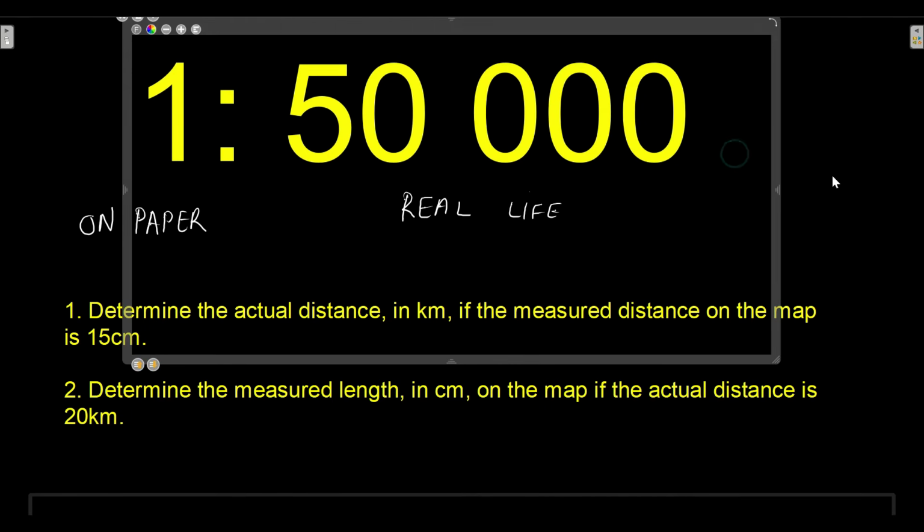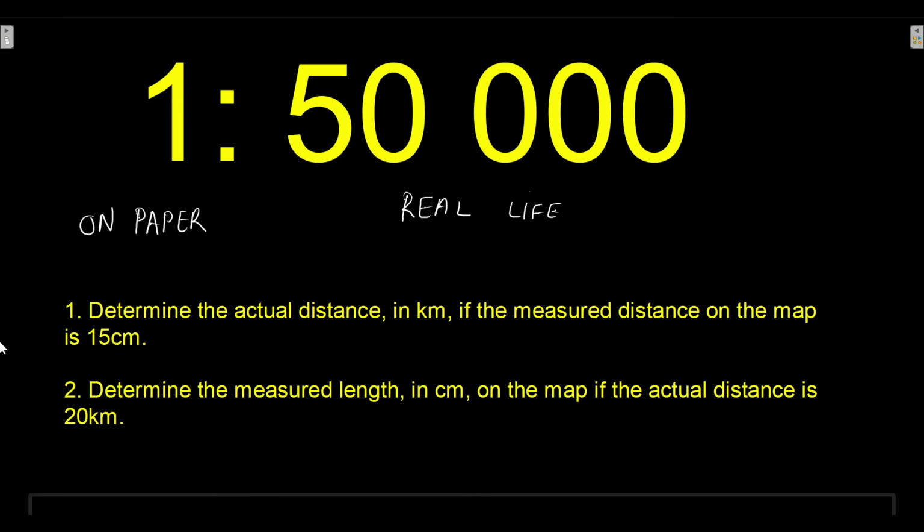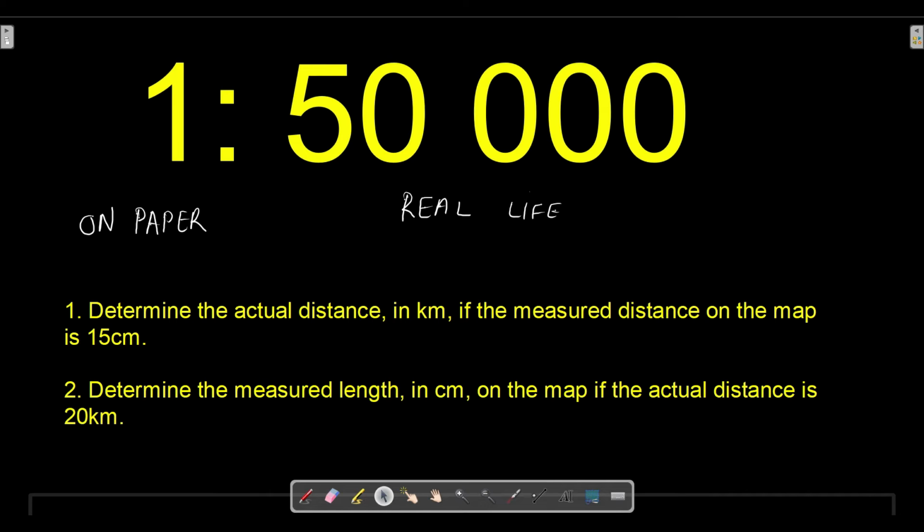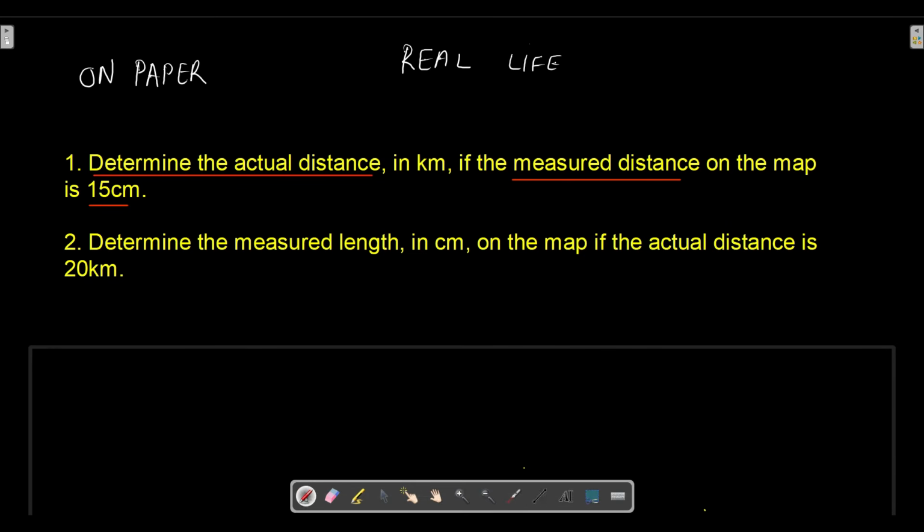This question is nice because they're already telling us the measured distance on the map. Just a tip, highlight the important words. We are told the measured distance on the map is 15 centimeters, and you want to determine the actual distance. Okay, so let's write that down.